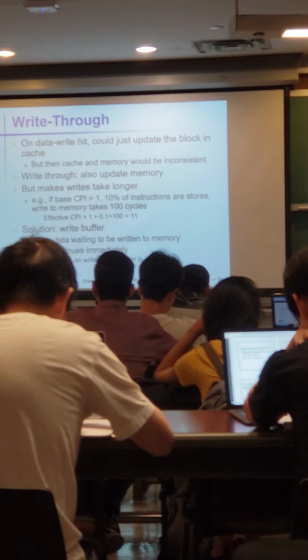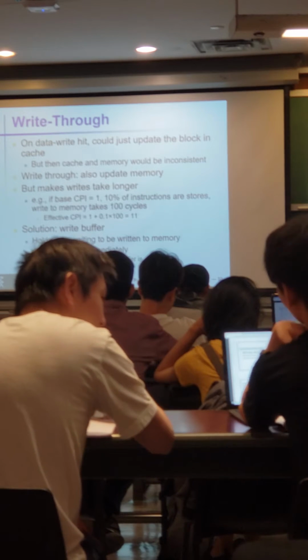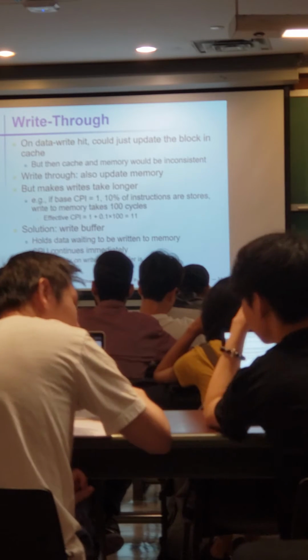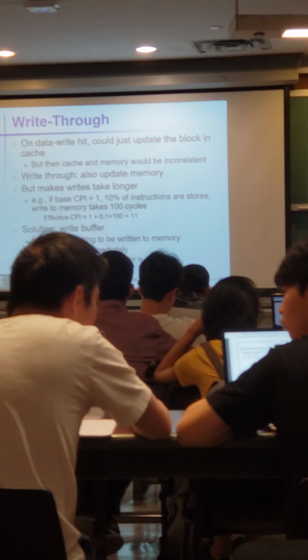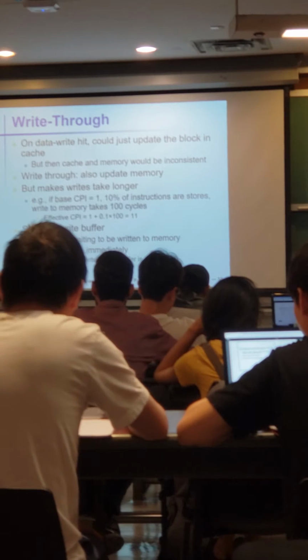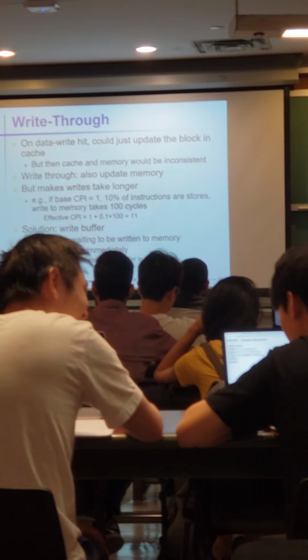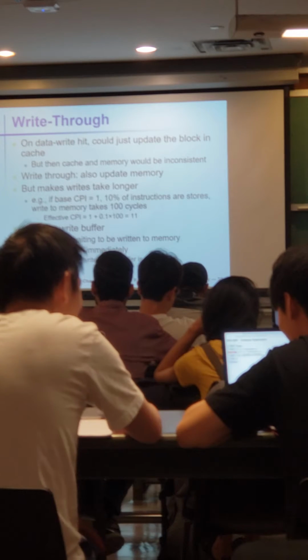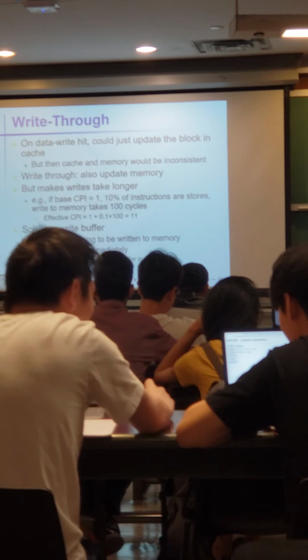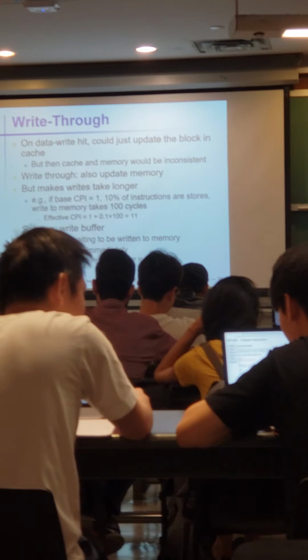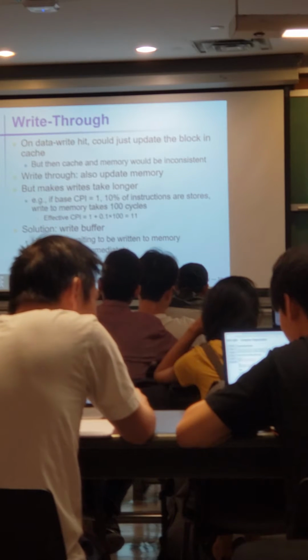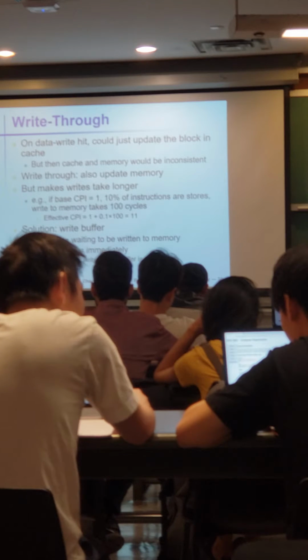Pay attention. There is no writing when it comes to instruction memory, right? So this only applies to data memory. So now, another possibility is that you always write through. So if there is a miss, you just go and write to the memory, don't even bring it to the cache.